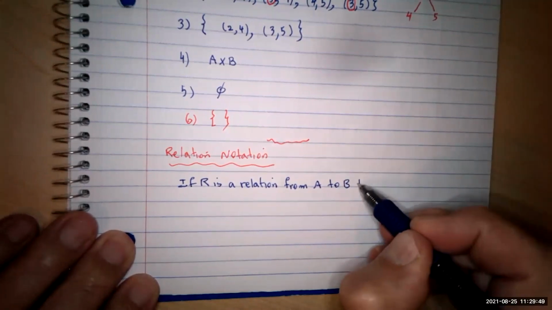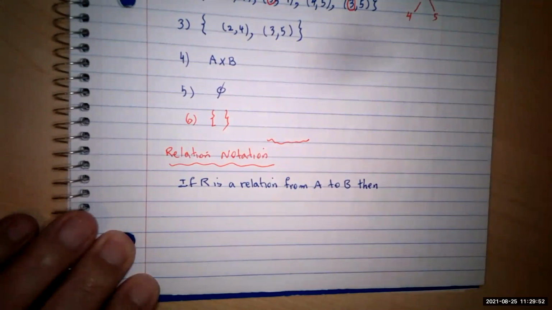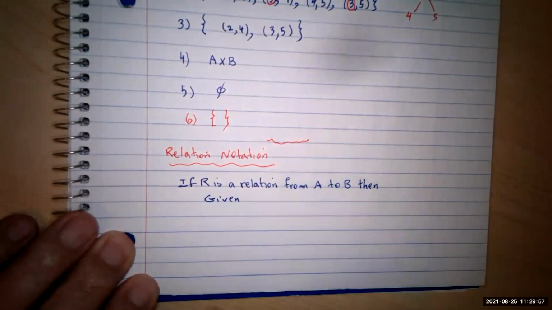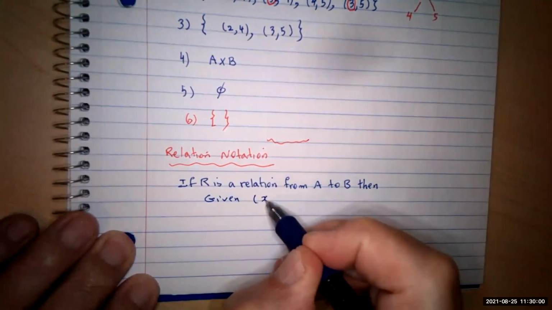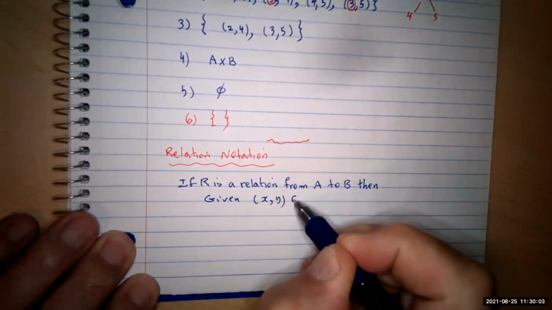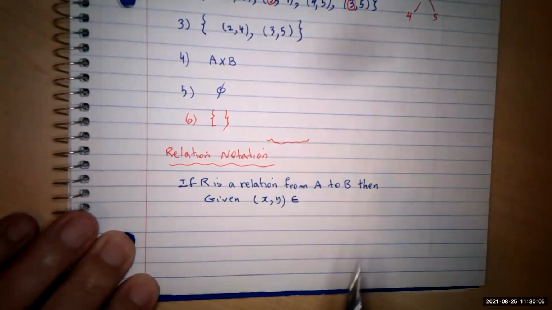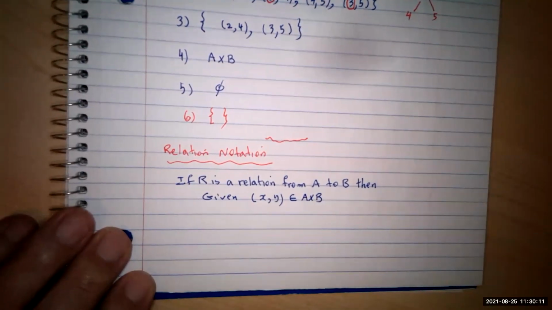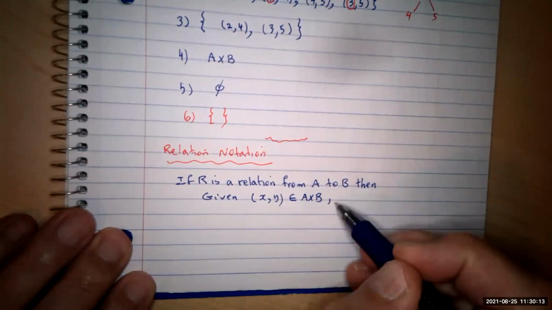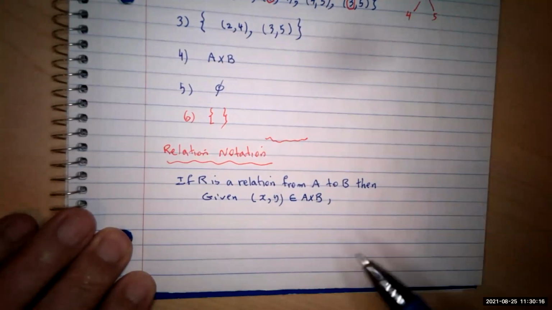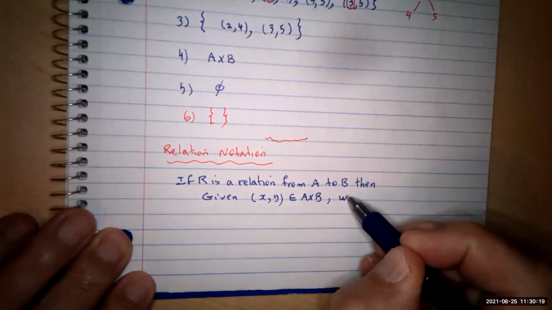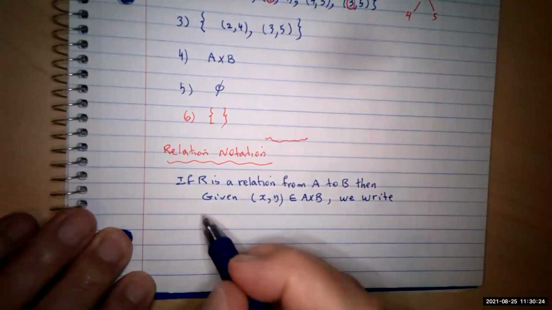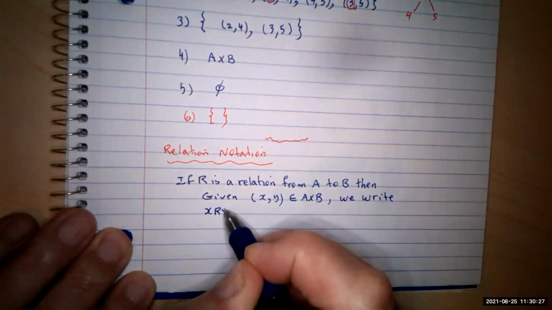Then use this expression. Given an ordered pair x, y, remember this belongs to A cross B. So if you have a member in A cross B, this member can be a member of a special relation, a member of R. Then we write x is related to y.